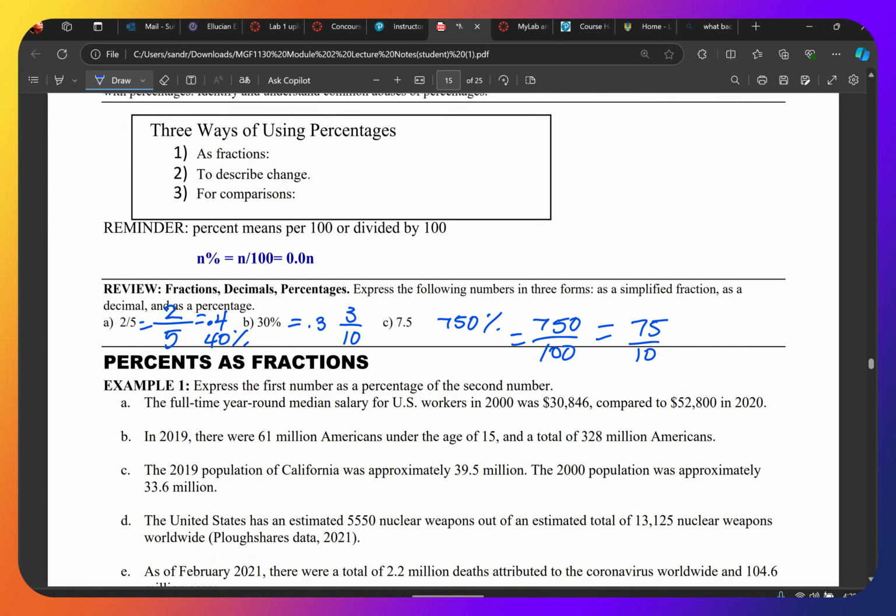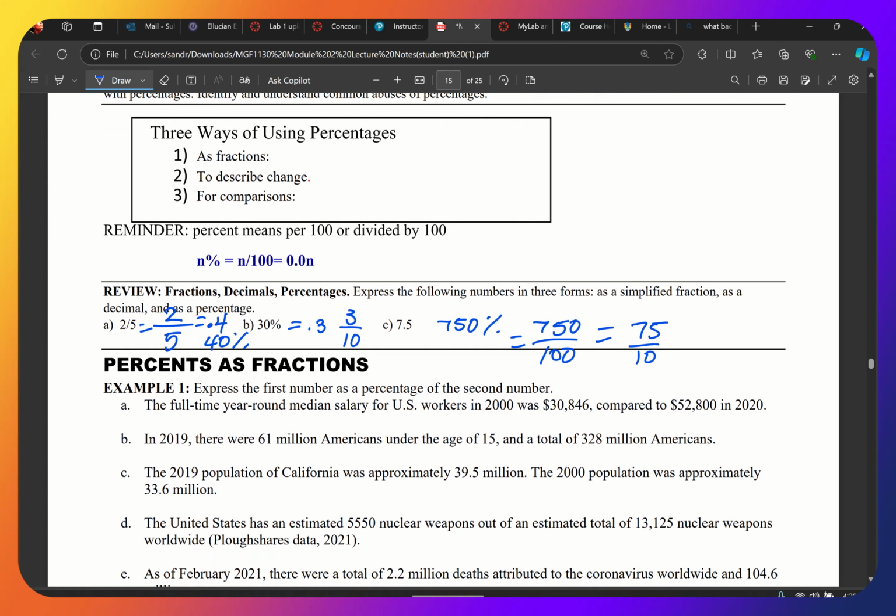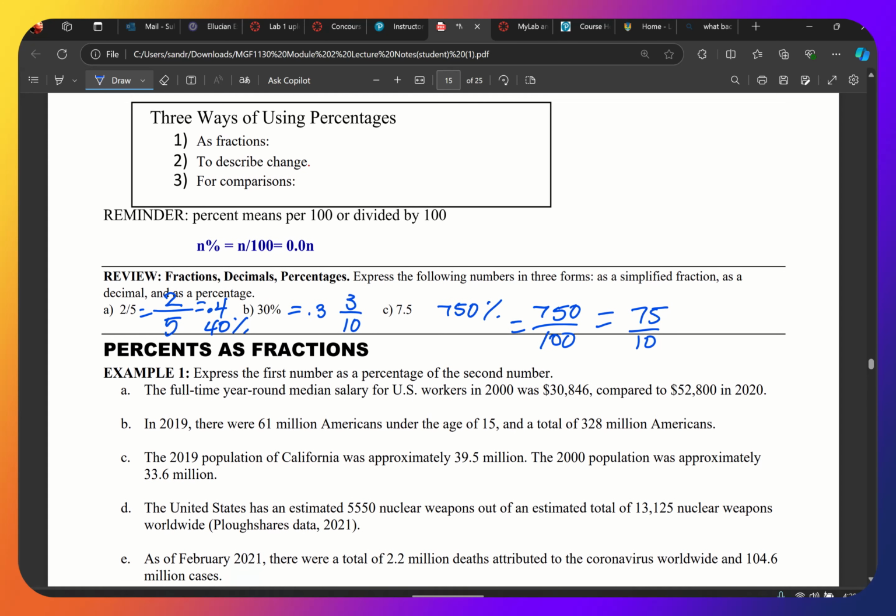Percents as fractions. Express the first number as a percent of the second number. So it's going to be the first number divided by the second number. The full-time year-round median salary for U.S. workers in 2000 was 30,846 compared to 52,800 in 2020. Just by looking at those two numbers, it should be over what percentage?